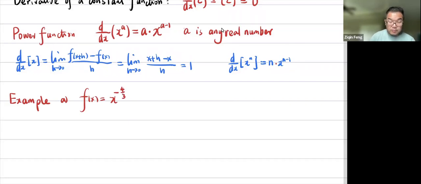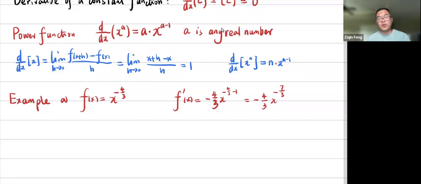By our power rule, f prime of x is negative 4 over 3, x to the negative 4 over 3 minus 1. So this is negative 4 over 3, x to the negative 7 over 3, since negative 4 over 3 minus 1 is negative 7 over 3. And b, our function is f of x equal to e to the 4.